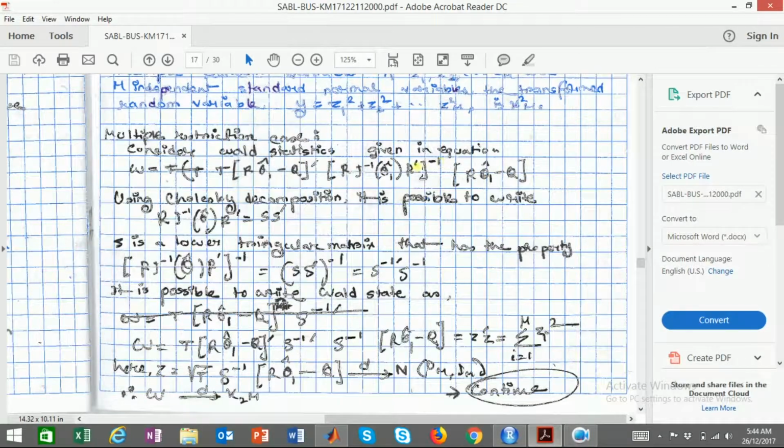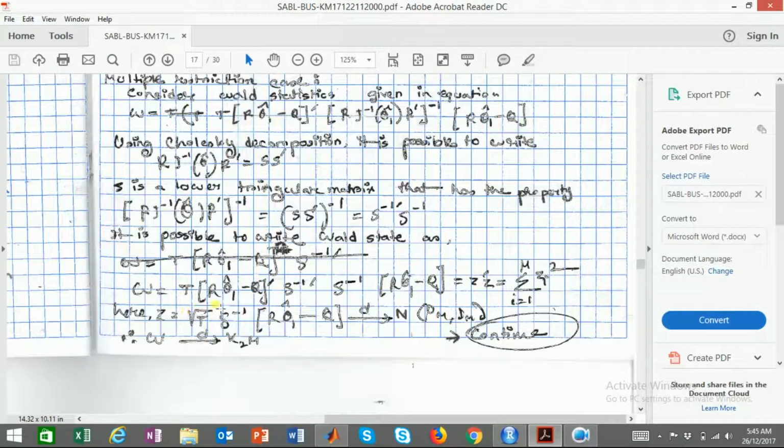consider the Wald statistic given in the equation, where this is the form we are already familiar with. Using Cholesky decomposition, it is possible to write R inverse of the information matrix R transpose as SS transpose, where S is a lower triangular matrix with the property that the inverse of SS transpose is S inverse transpose multiplied to S inverse. It is possible to write the Wald statistic as W, where in between we bring in the Cholesky decomposition.